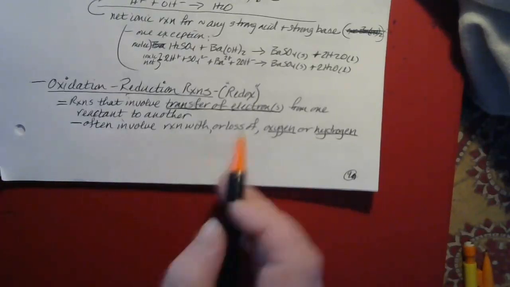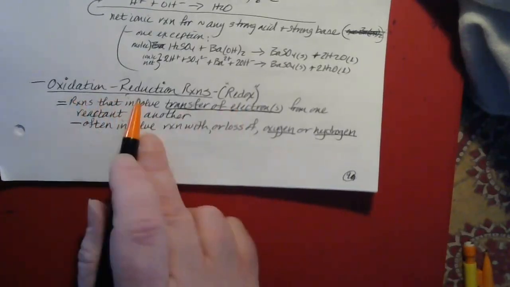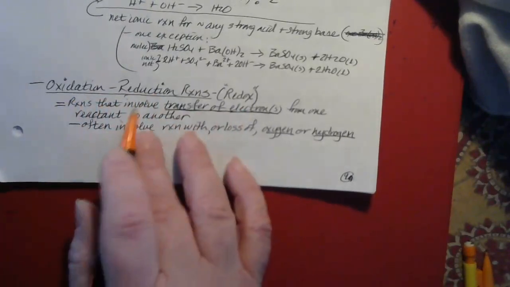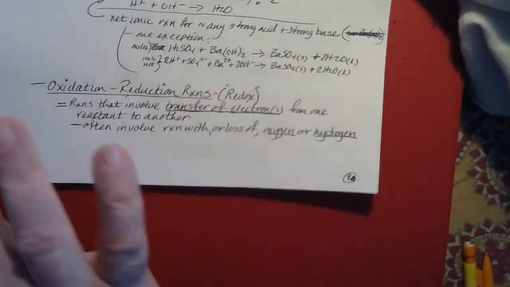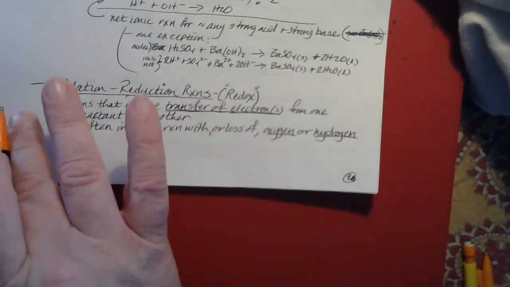And it's safe to do that because oxidation and reduction reactions always occur together. So that's one thing to remember. If you're talking about oxidation, there's got to be a reduction going on somewhere. If you're talking about a reduction, there's got to be an oxidation going on at the same time. You'll never have one without the other.